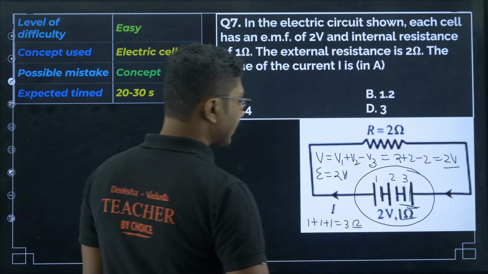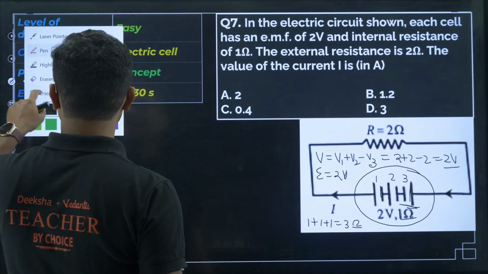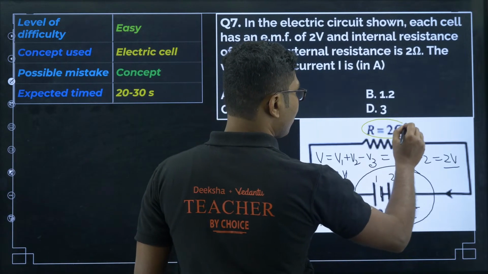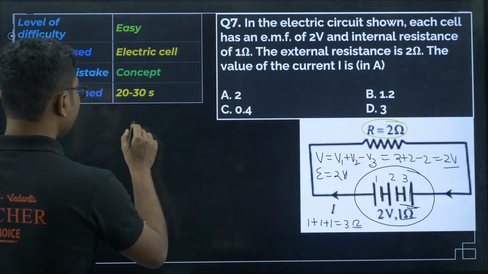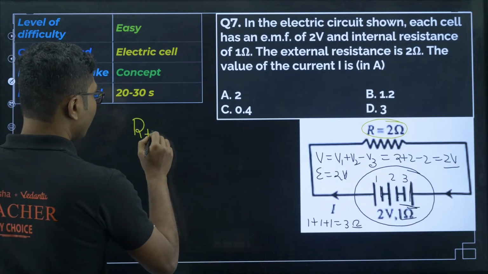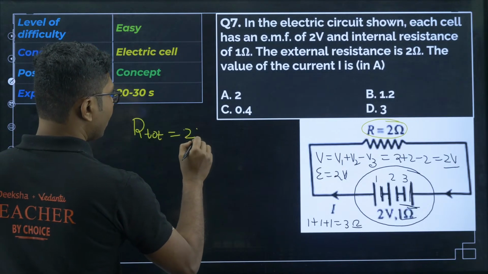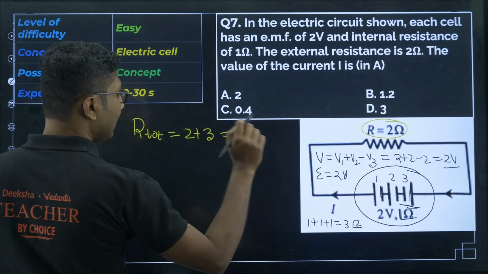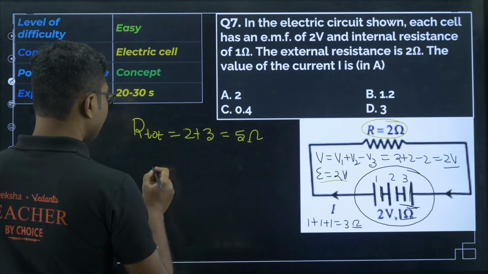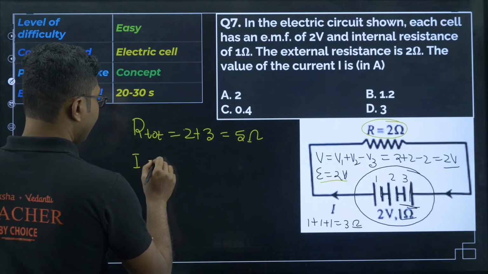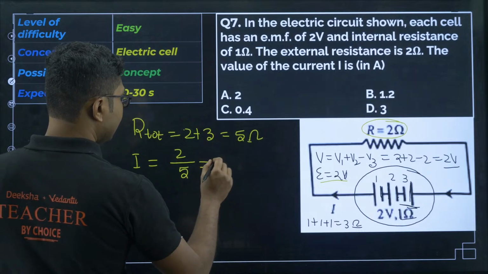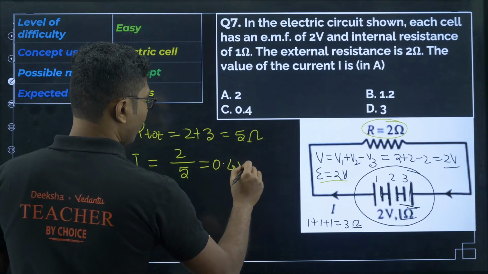So 3 ohm is the equivalent resistance of the cells, and we have an external resistance of 2 ohm. So total resistance will be 2 plus 3, that is 5 ohm, and the voltage is 2 volt. So current will be 2 by 5, that is 0.4.